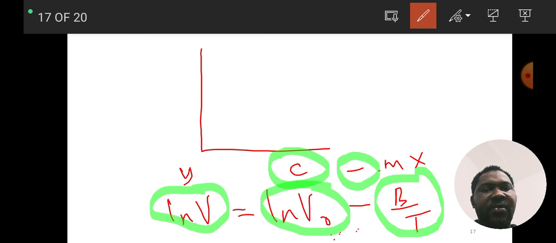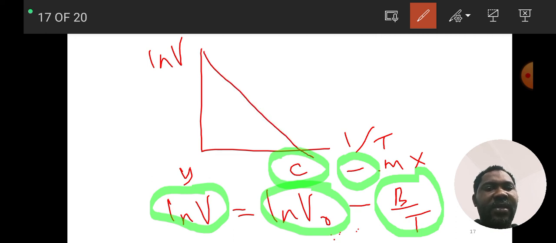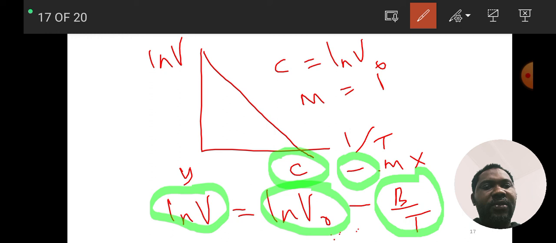First of all, we are plotting a graph of ln v, okay, which is our y, against x. X here is 1 over t, okay, and then it's going to be a straight line graph, negative slope. That means it's going to slope downwards from left to right this way, okay, and we can now conclude that our intercept c is equal to ln v naught, and our slope m is equal to b.